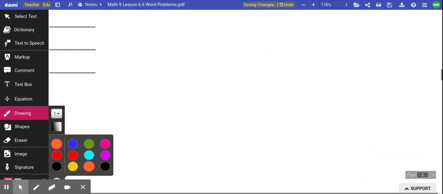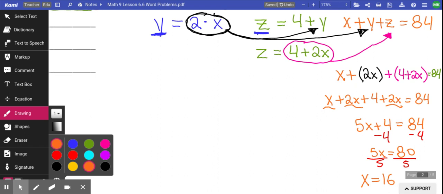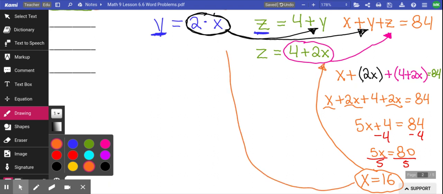Now that I've solved one of my letters, I can use that letter to figure out the other two by substituting it back into these equations. We'll do the blue one first. So this now changes to be Y equals 2 times 16. That means Y equals 32.